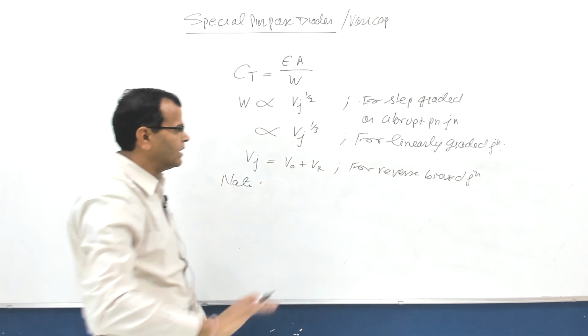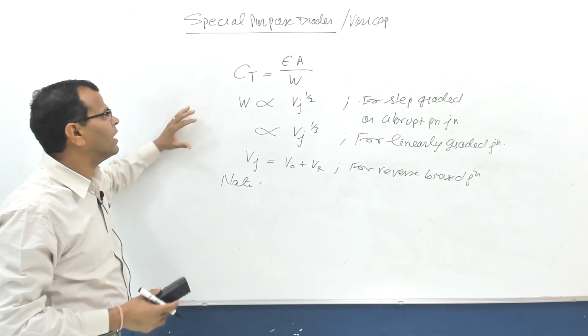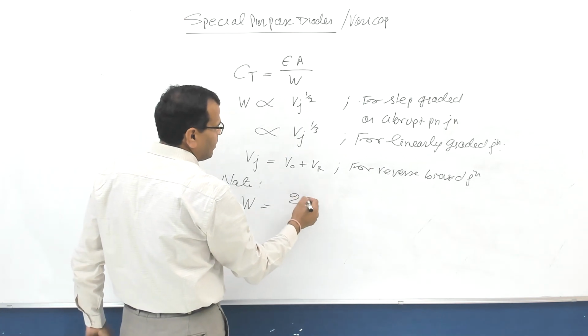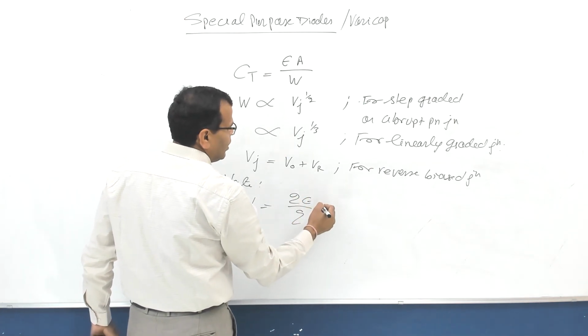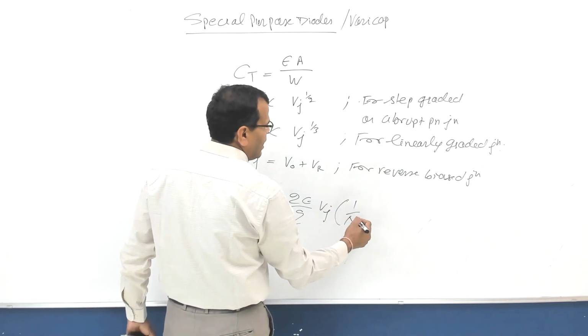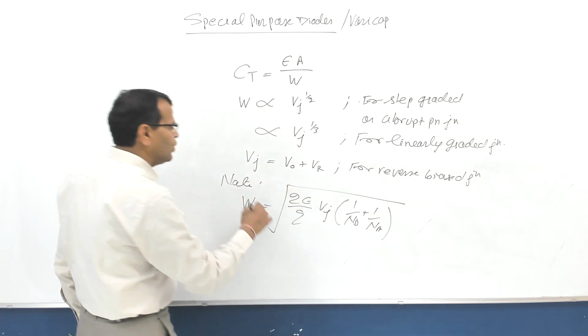Variable capacitor. Fine. So this concept is important. Please do remember that. And W we have already seen, that is nothing but 2 epsilon by Q into Vj multiplied by 1 upon Nd plus 1 by Na, under root.